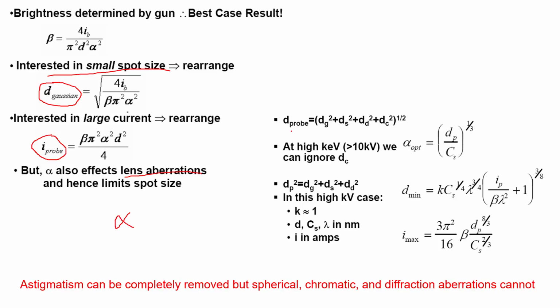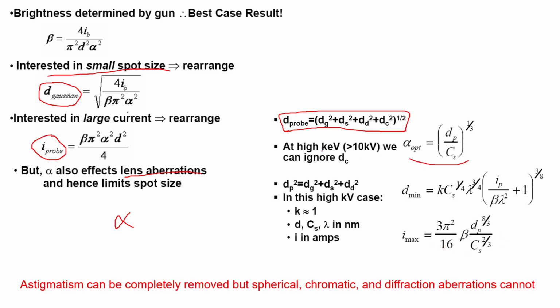Also, we discussed in the previous slide that the diameter of the probe is the combination of all the aberrations present in the system, where by rearranging all these terms we can have this optimum alpha value given by dp by Cs whole raised to power 1 by 3, and the d minimum will be given by this value, and the I maximum, that is the maximum current we could obtain, will be given by this equation.